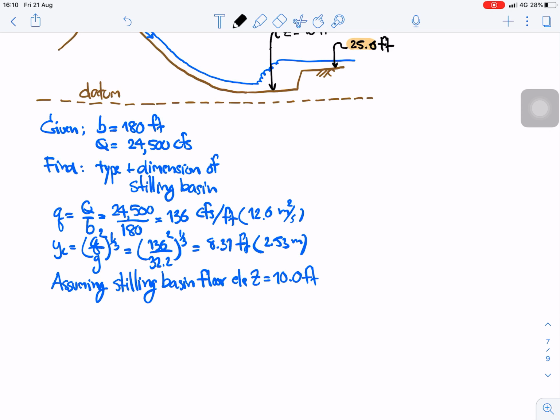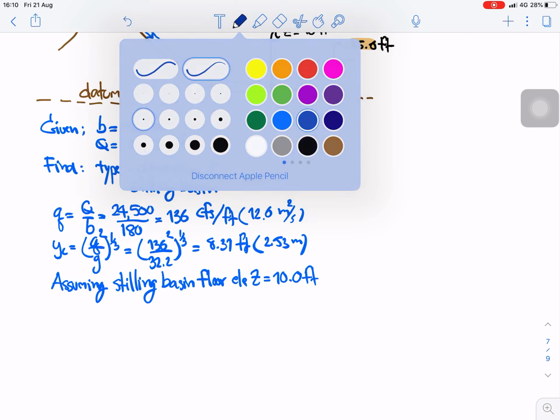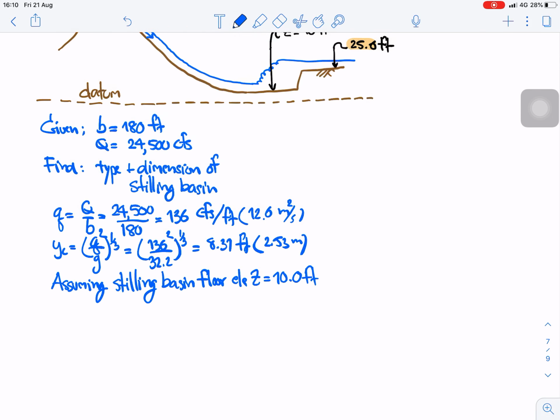And next we check the energy, using the energy equation between the upstream reservoir and the toe of the spillway.